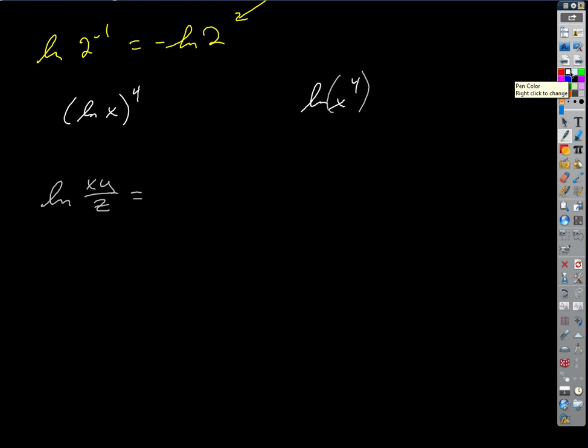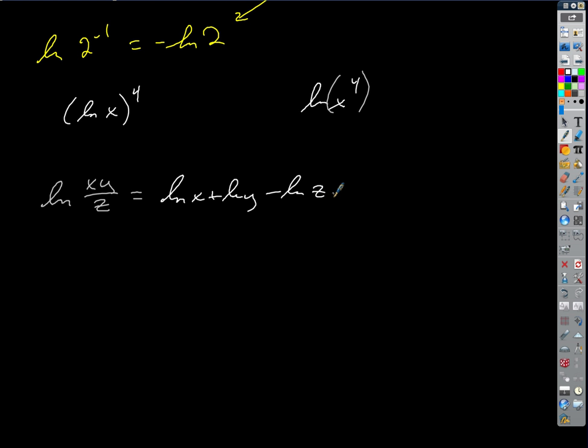What is that? The one had the top two. Right. So I'm just going to get the log of the numerator minus the log of the denominator. But the log of the numerator we could actually write as log x plus log y.